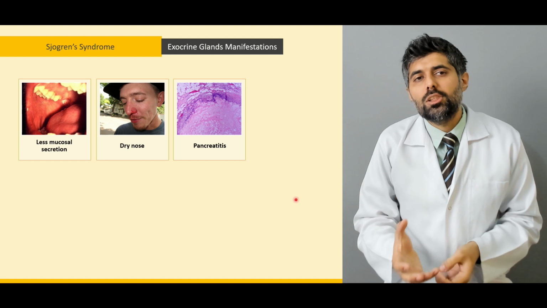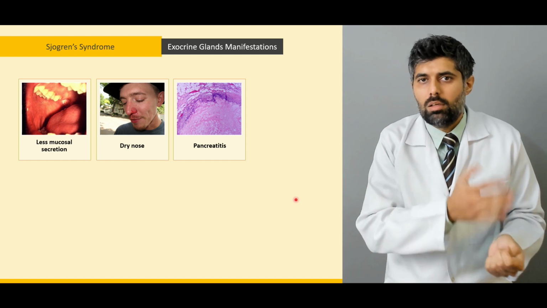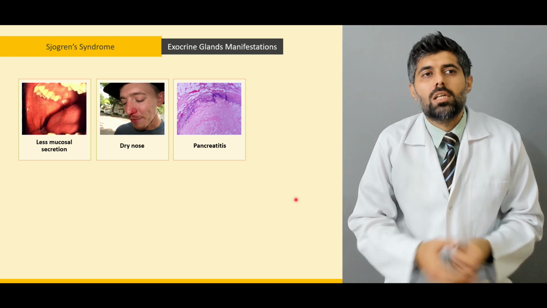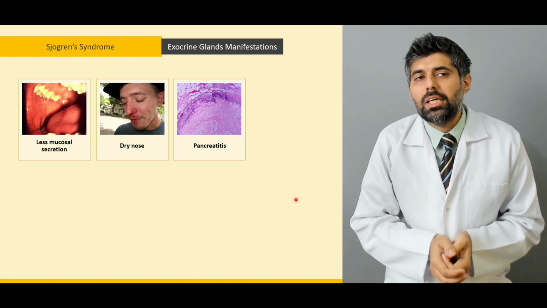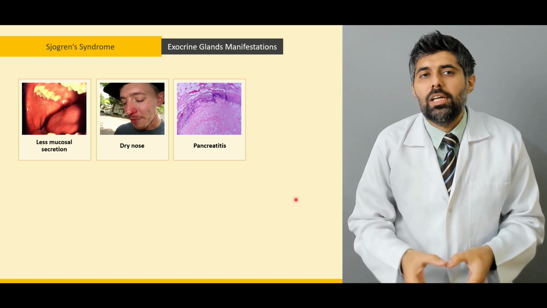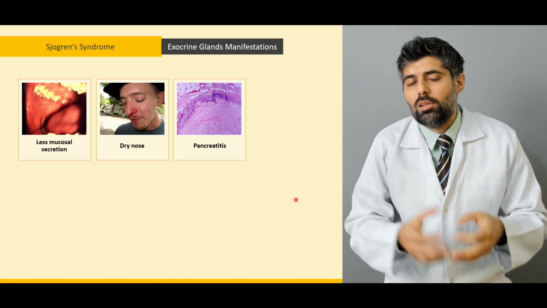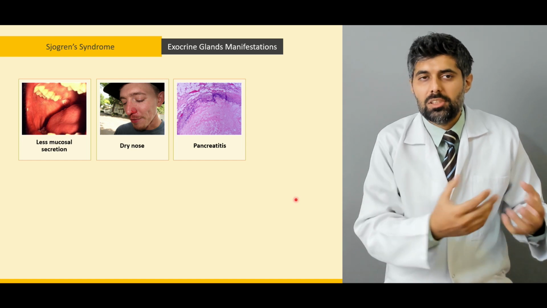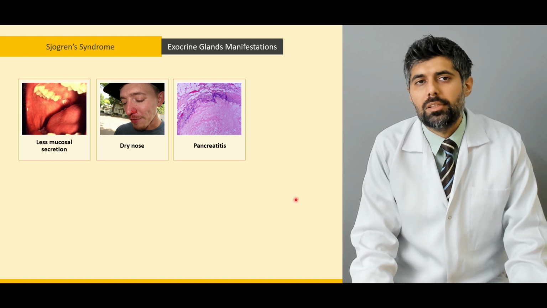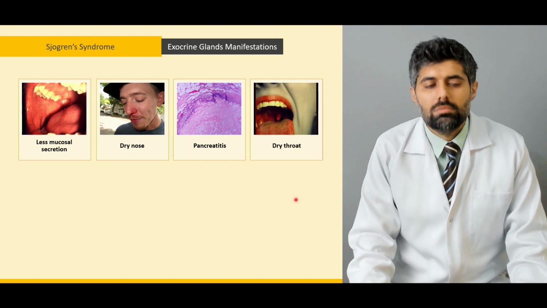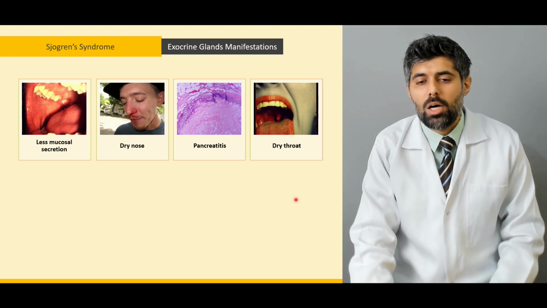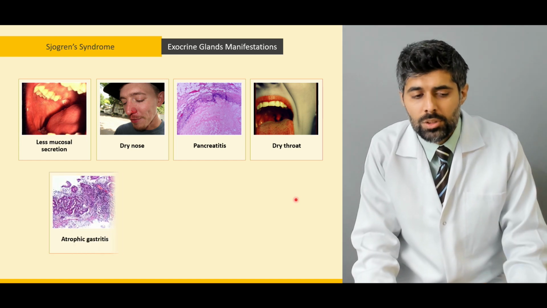So if Sjogren syndrome is complicated and chronic and it is not treated, sometimes its effects can even reach the exocrine glands of the pancreas, resulting in its inflammation and producing pancreatitis. Then, because there's less mucosal secretion, we have dry mouth or dry throat.